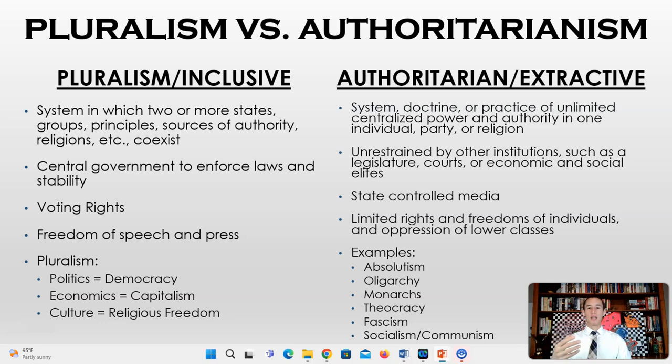When I say private, I mean private, like not owned by the government, so private individuals. That is the basis of capitalism. It's private ownership of the means of production and distribution. Again, that is an oversimplification, but that is fundamentally the basis of capitalism.